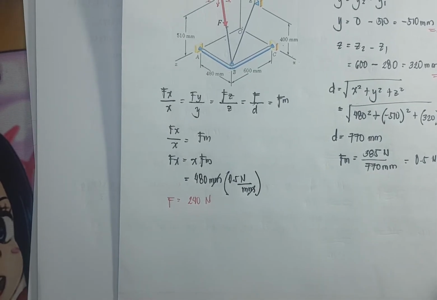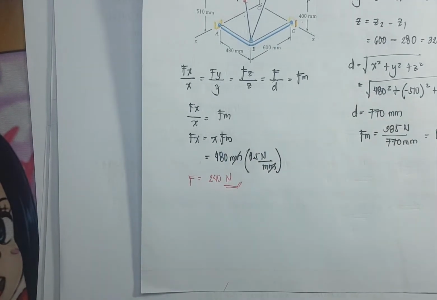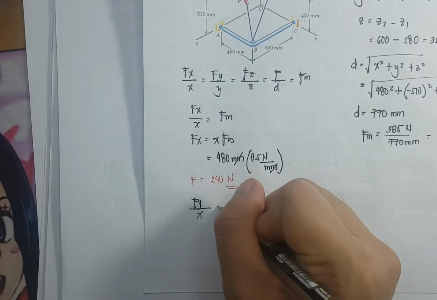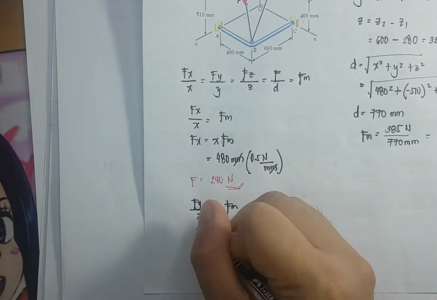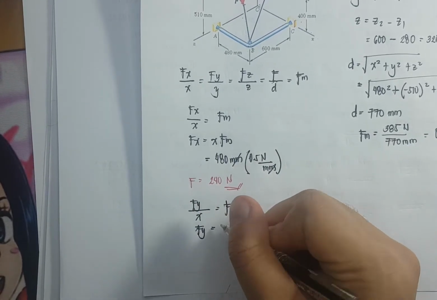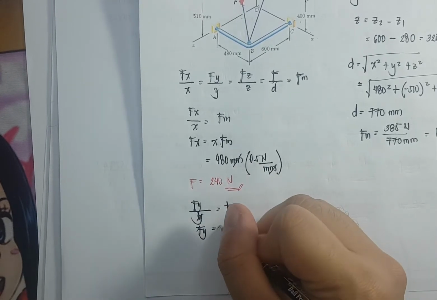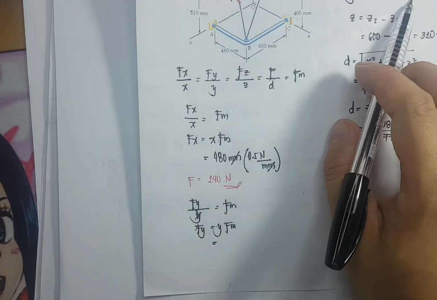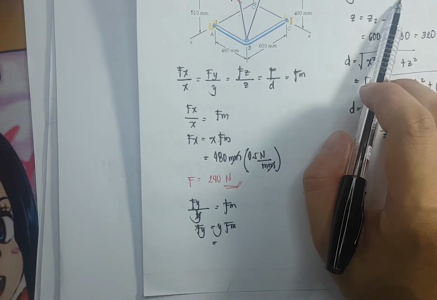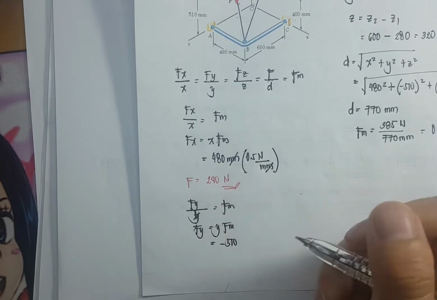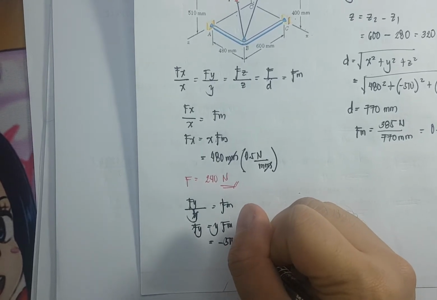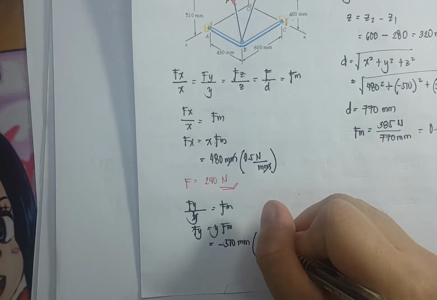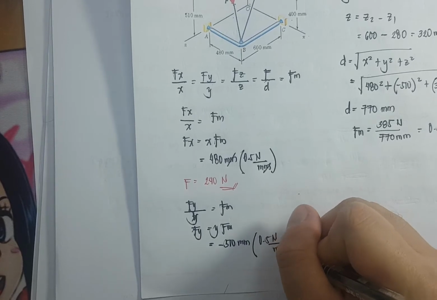Next would be f of y. So f of y over y is equivalent to f of m. Cross multiply. F of y is equivalent to y times f of m. What is the value of y? Y is negative 510 mm, times the force multiplier, 0.5 Newton per mm.